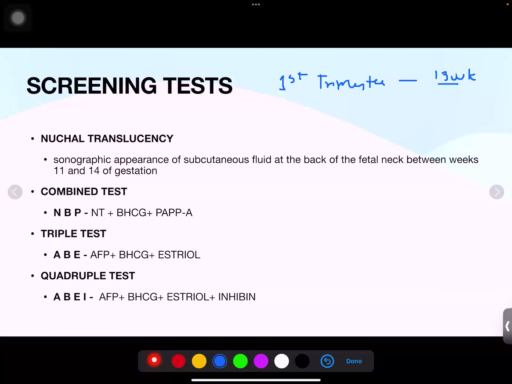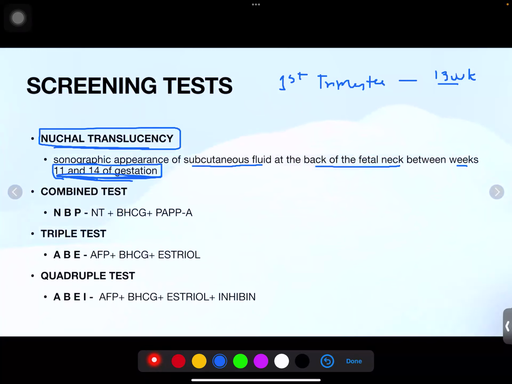So during the first trimester, we do a dating scan, and we do a scan for nuchal translucency as well. So what is nuchal translucency? It is a sonographic appearance of subcutaneous fluid at the back of the fetal neck, between weeks 11 to 14. So this time duration during the first trimester is very important. So the first trimester dating scan is very important. You have to do nuchal translucency during this scan.